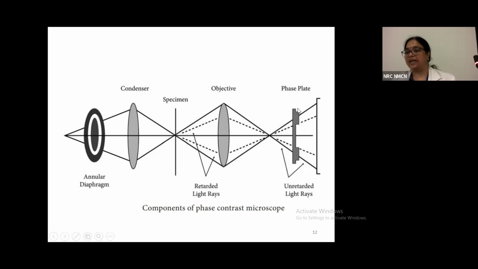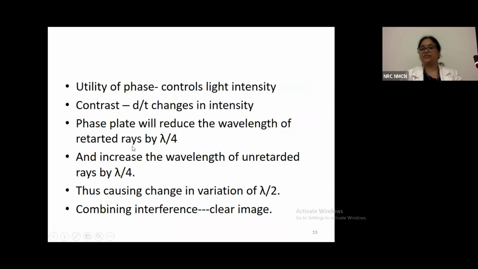To overcome that, we add another phase plate between the objective and the eyepiece. So what does this phase plate do? It will reduce the wavelength of the retarded rays by λ/4 and increase the wavelength of the unretarded rays by λ/4, thus causing a change in variation of λ/2.